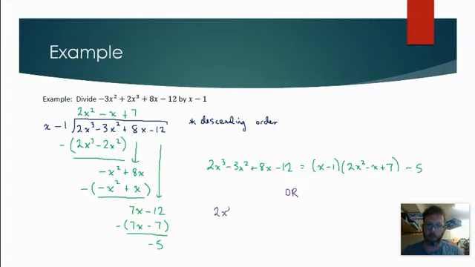The result when you divide 2x cubed minus 3x squared plus 8x minus 12 by x minus 1 is 2x squared minus x plus 7 minus this little remainder, 5 all over x minus 1. You get that statement just by dividing the previous one.